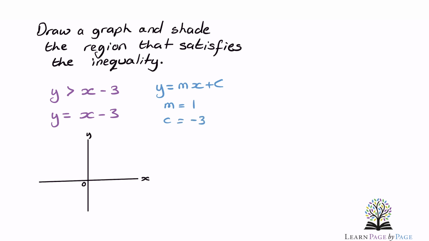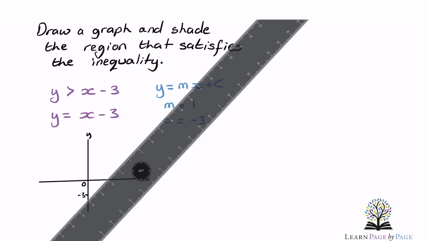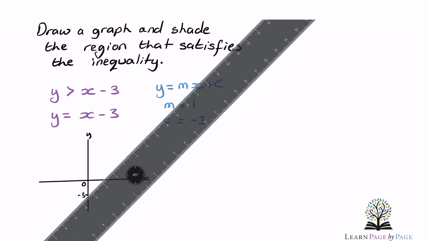So let's mark -3 on our graph. Now this time we're dealing with greater than, so we do a dotted line, not a solid line. If it's greater than or equal to, it's a solid line. I'm going to use a ruler, and my angle is going to be 45 degrees because that's the angle of a gradient of 1. And then I'm going to draw a dotted line.